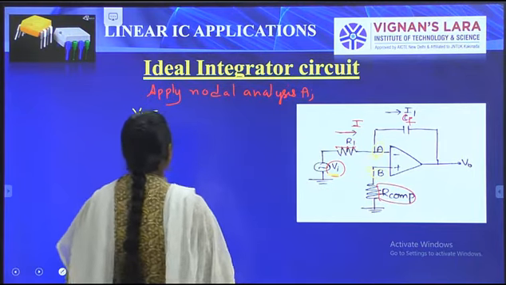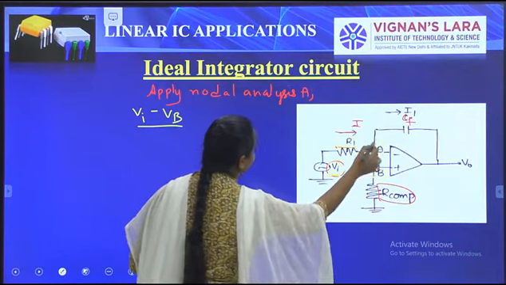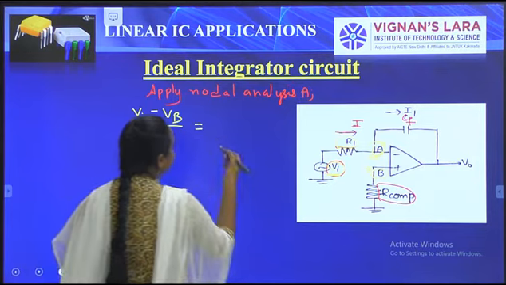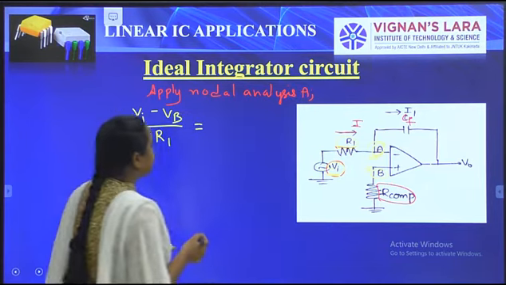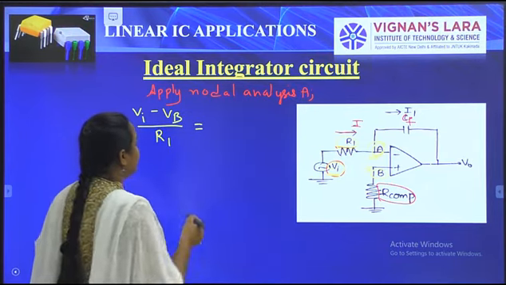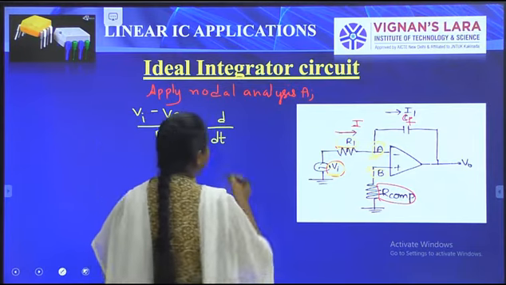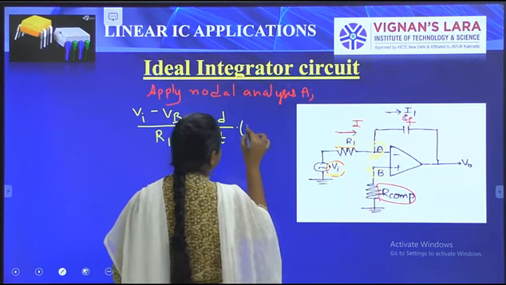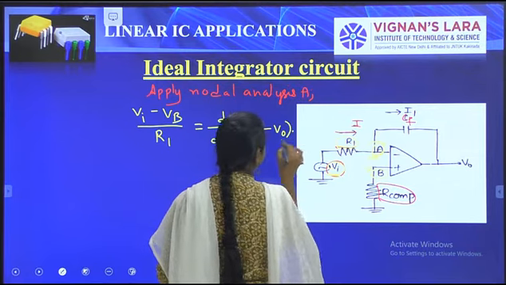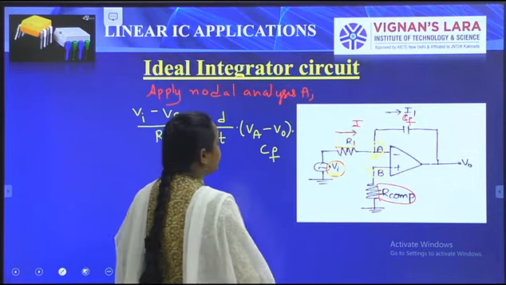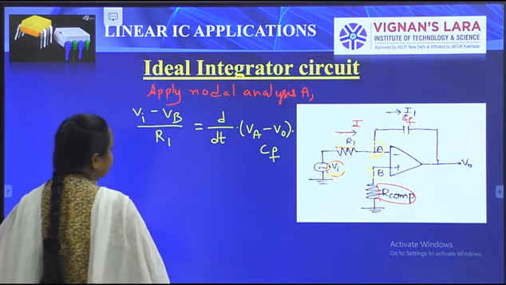So (VI minus VA) by R1, the resistor connected across the input and node A, is equal to CF times d by dt of (VA minus V0). We are integrating the inputs, so I write the d by dt term.